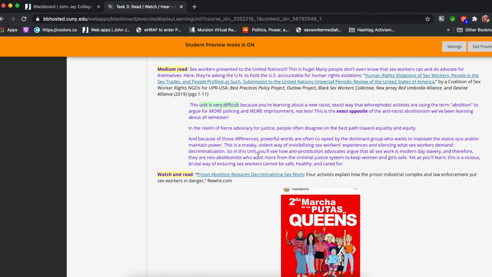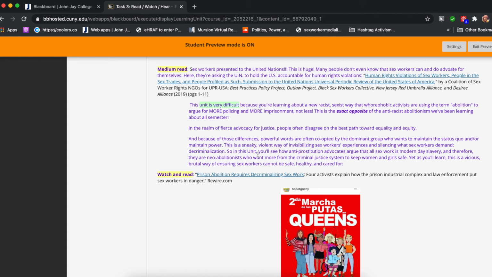What's interesting is that in the world of sex worker rights and sex trafficking scholarship and activism, some people will say, we want to abolish prostitution in order to keep women and girls safe.